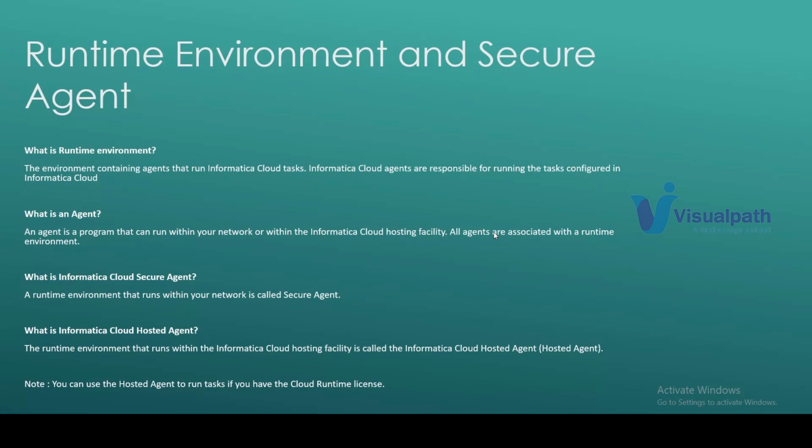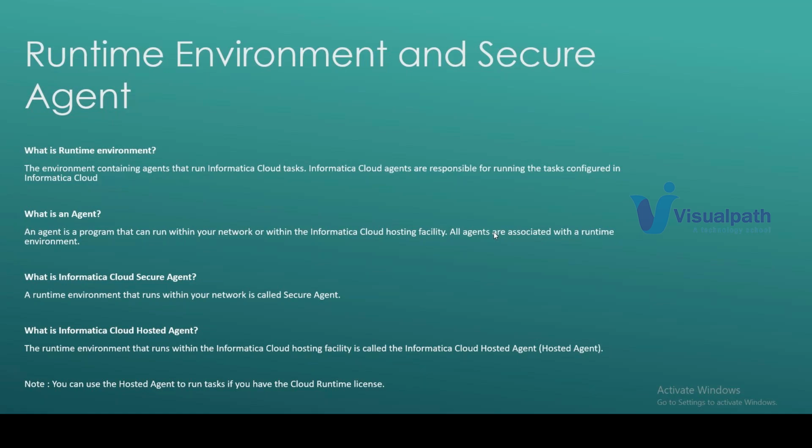With the Informatica Cloud Secure Agent you have two things: the Informatica Cloud Hosted Agent and the Cloud Secure Agent, which is called a local agent. So what is the difference? A local agent, or customer-managed secure agent, is within your network. But a hosted agent is something which is in Informatica's premises, where you need a license for it.